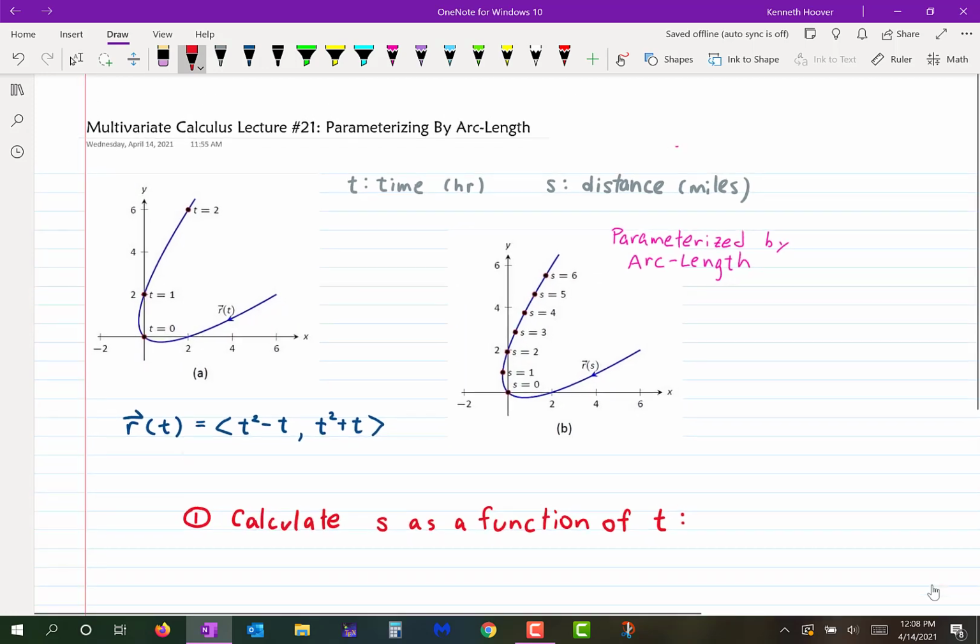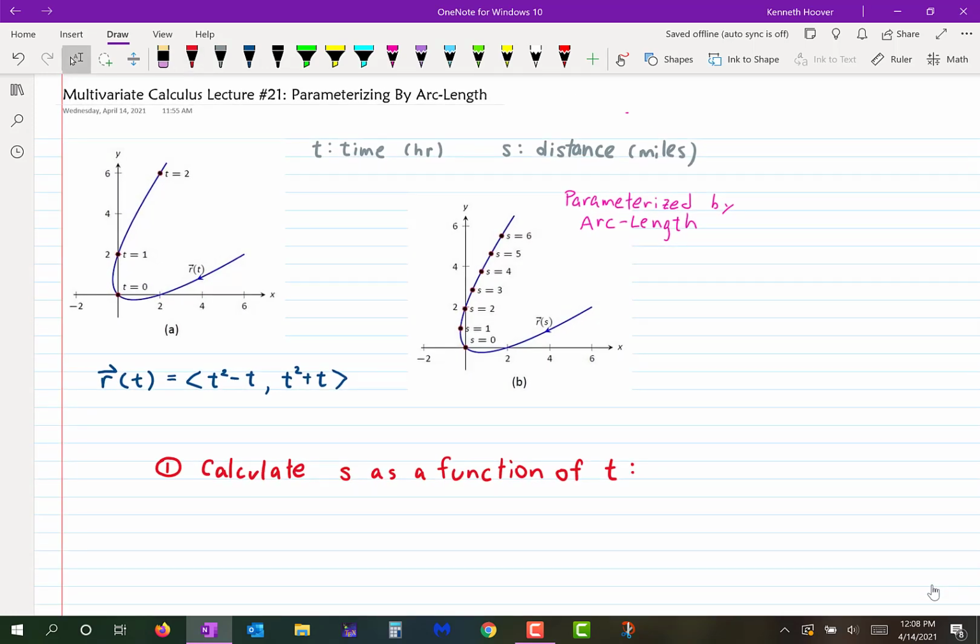You already know how to do this, believe it or not, because what is s? s is distance along the path. In other words, s is just the arc length from 0 to t.